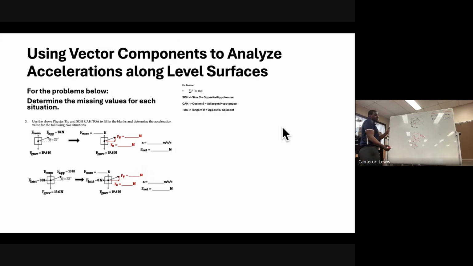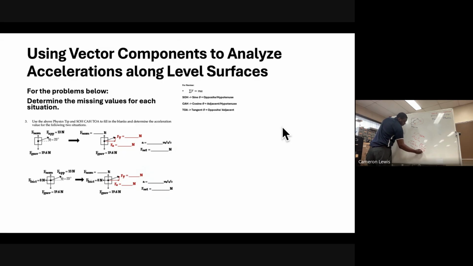Now, if I say this is about 5, I could either do cosine or the Pythagorean theorem. I know that this one is 13, this one is 5, and I want to find out what A is. A squared plus 25 equals 169. So I get A squared is equal to 144.